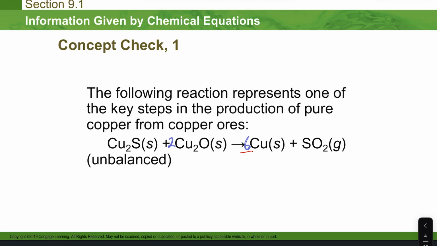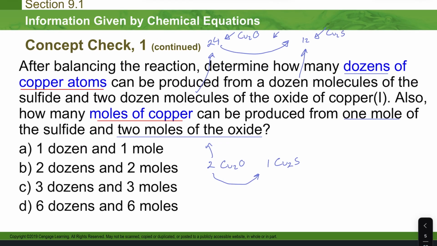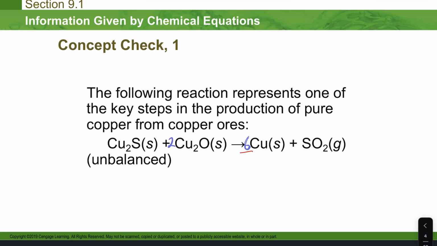Okay, and so what we can go back to is we know that this is how many atoms we have, but we don't exactly care about that. We're just looking at how many dozen we have. So from a dozen of the sulfide, that would mean that we have 1 dozen Cu2S.